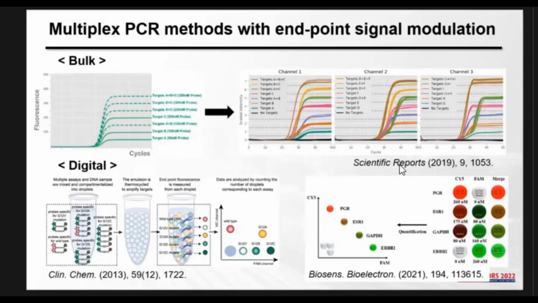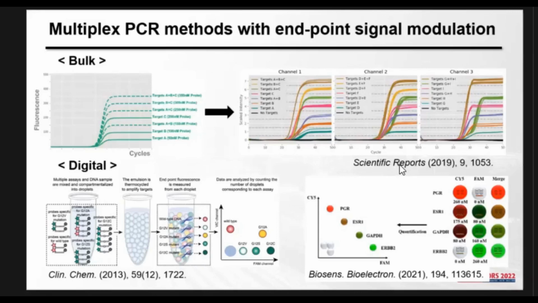And by tuning the probe concentration in the same colors, or by tuning the concentration ratio between 2 colors of fluorescence probe, they were able to simultaneously detect multiple targets by using only 2 colors. So this strategy can significantly enhance the multiplex capability of the PCR reaction.